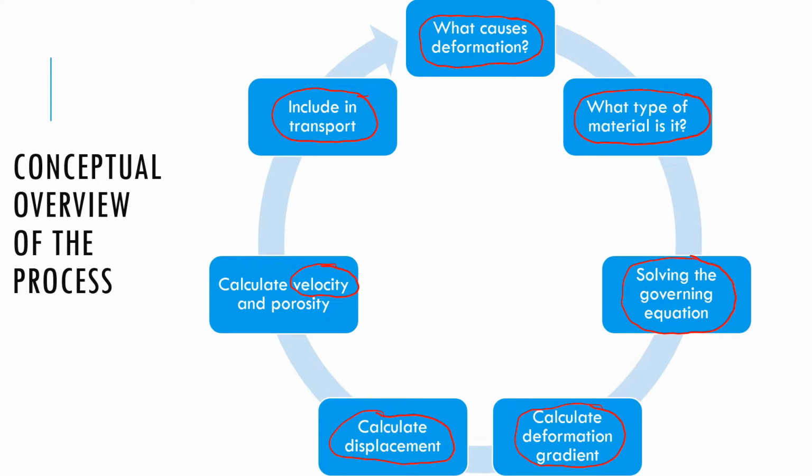So the velocities that would normally be there in the transport equation, like Darcy velocities, get modified due to velocities of solid. So this is how we obtain the deformation and then include it in transport, and we have sort of a coupled transport deformation system.